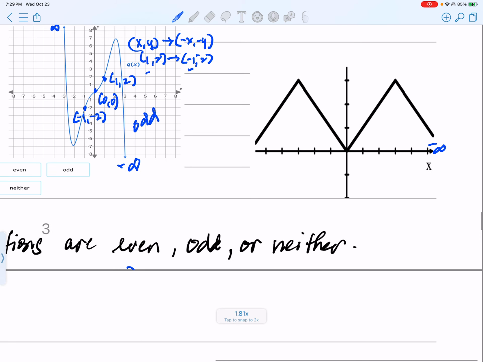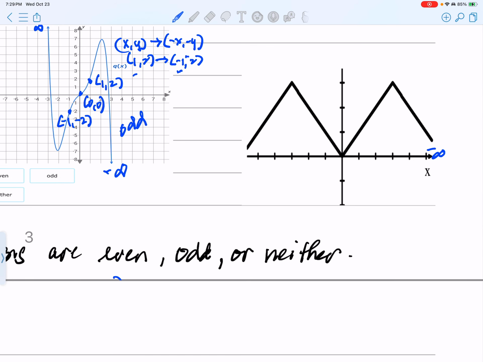Let's have the last one. So it goes down. Both are facing down, negative infinity. So it should be symmetrical across the y-axis. It's very clear. If I choose this point right here, it is 3, and this is 1, 2, 3. And the other side, this is -3, and this is 3.